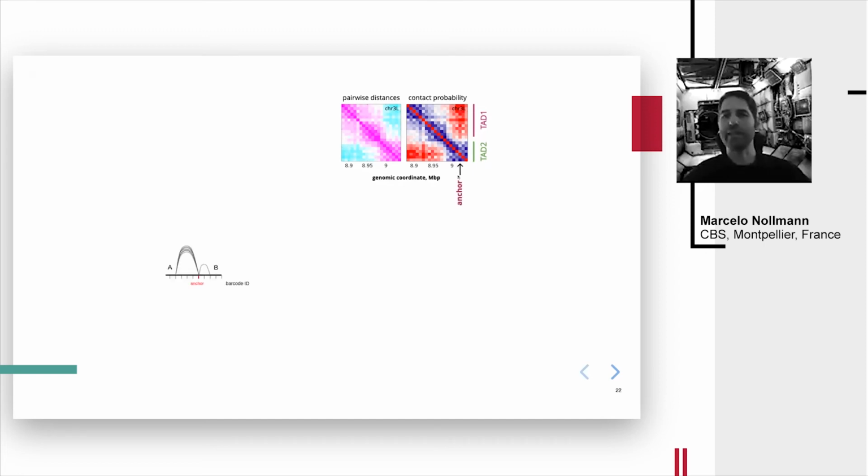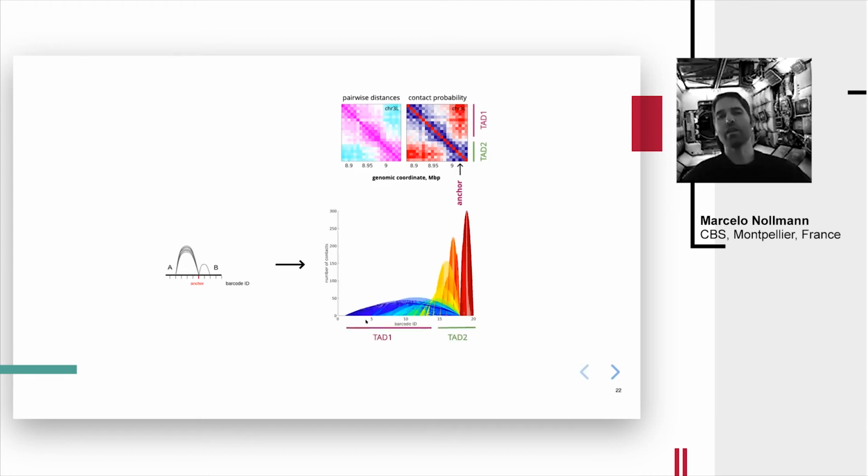We can select an anchor, and we can ask the question, with which locus is this anchor interacting in single cells? So every time we see an interaction with locus 1, we draw an arc. When we see an interaction with locus A, we draw another arc. And so if we represent this data from single cells, these arcs essentially accumulate. The higher this curve, the more cells that display this interaction.